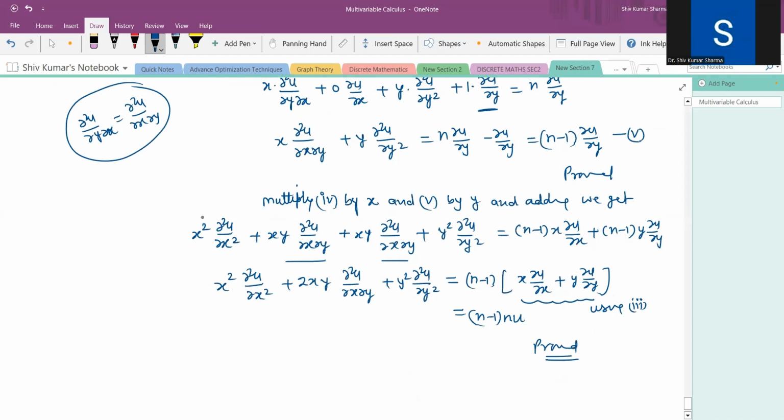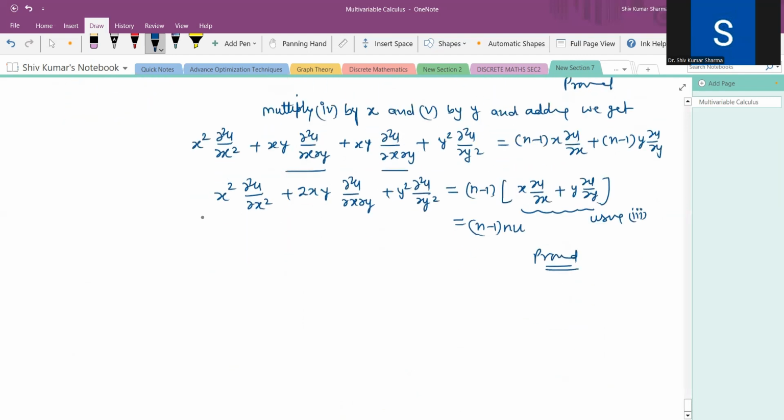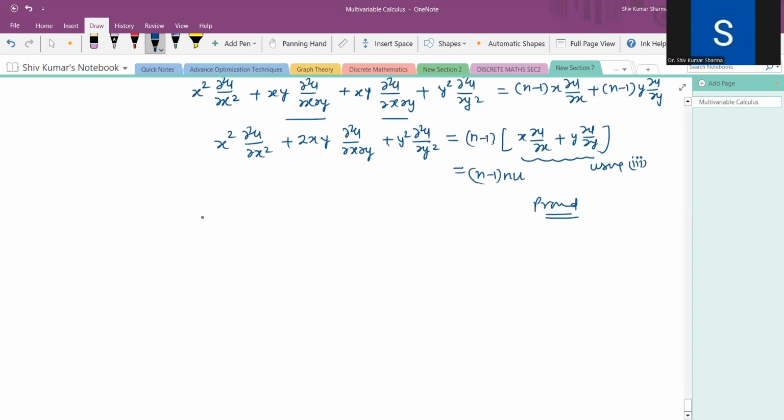After the corollaries, we move to very important deductions. So now we write down the important deductions. So we get from Euler's theorem the first deduction.